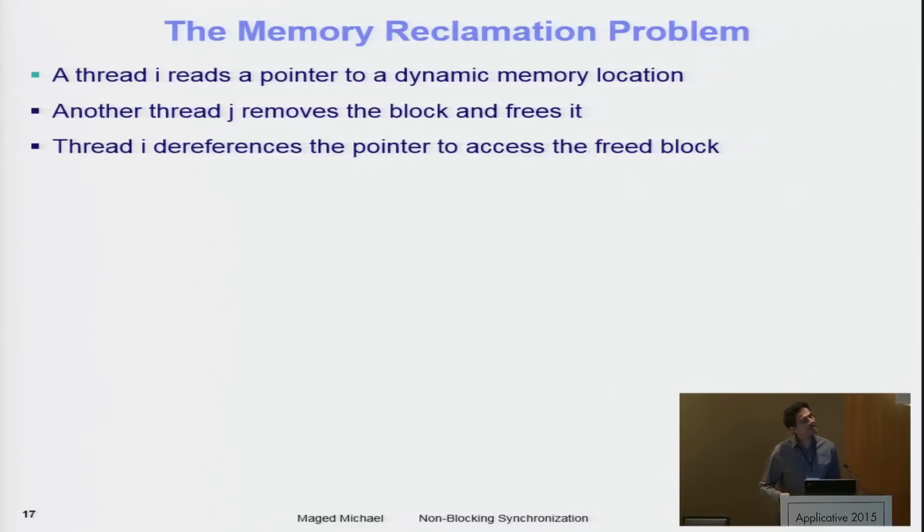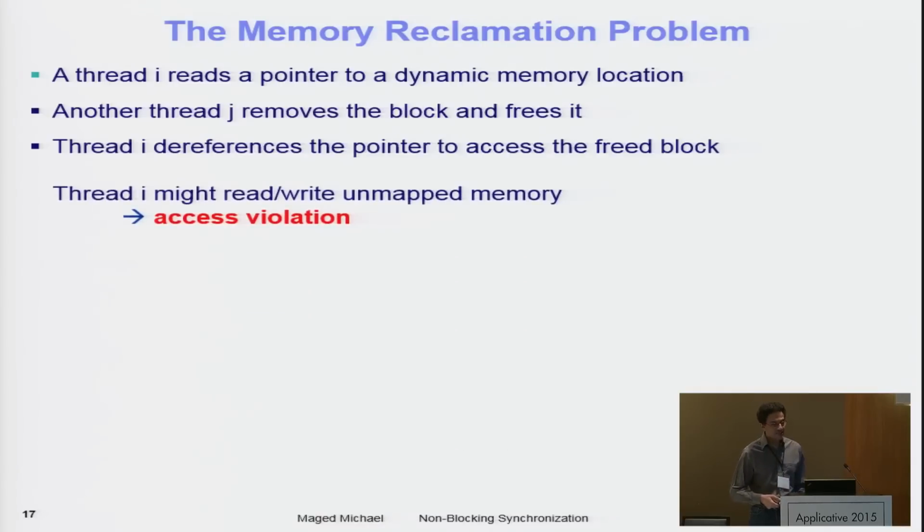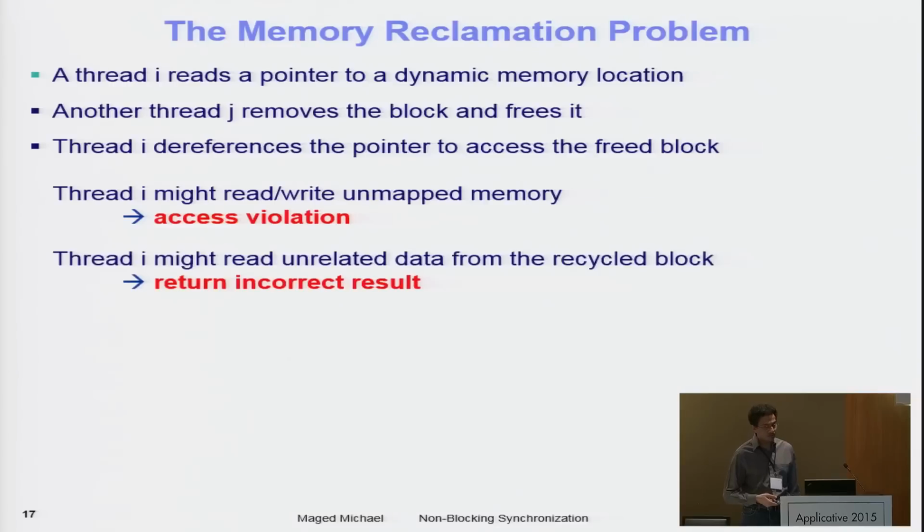So what happens here, as I showed, is it can have an access violation by accessing unmapped memory. It can also return an incorrect result, because that block was used somewhere else and it just happens to hold a different value, and the original thread is unaware of that and returns an incorrect result.